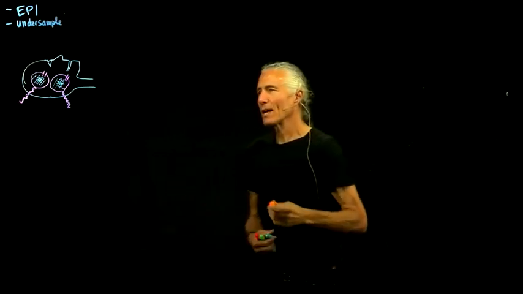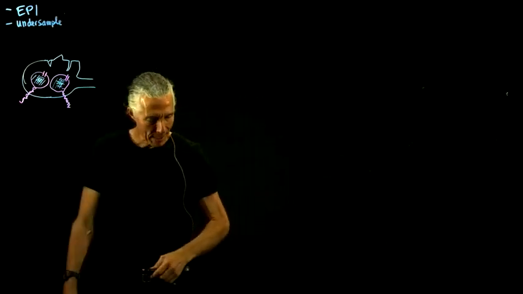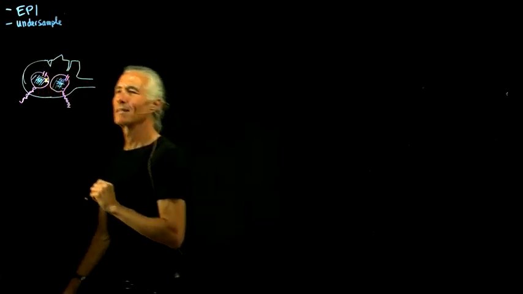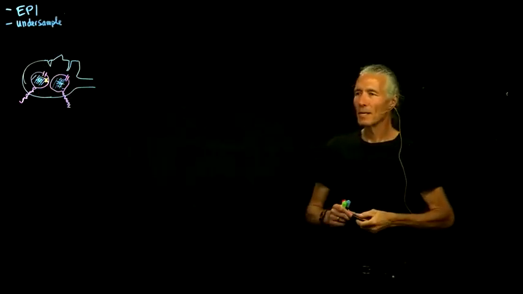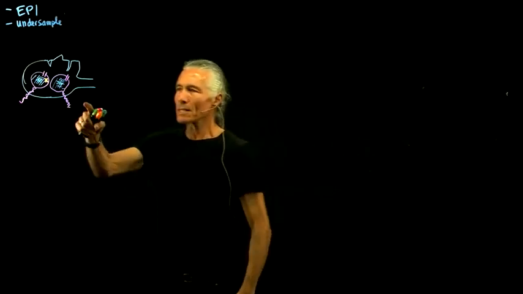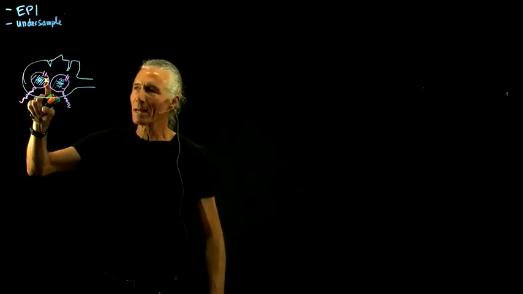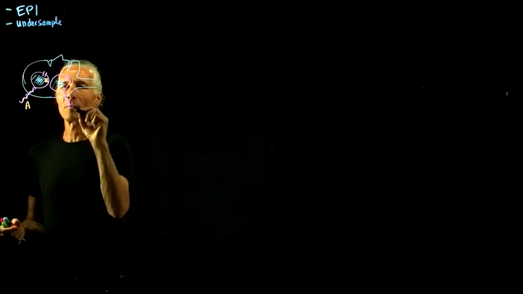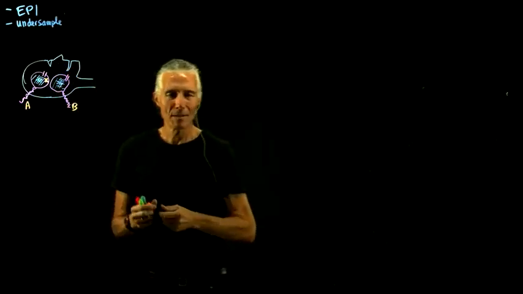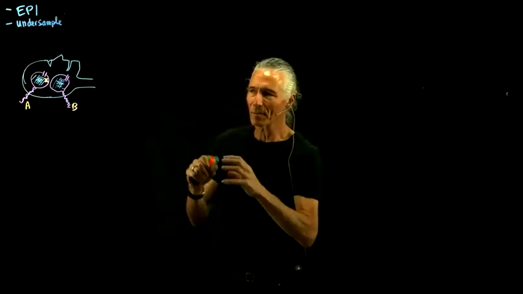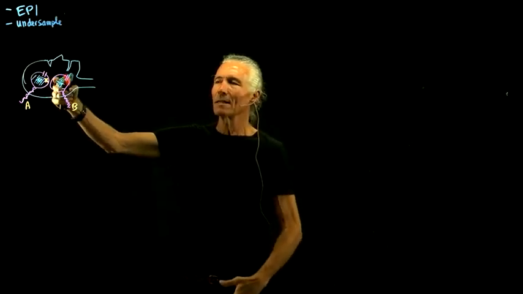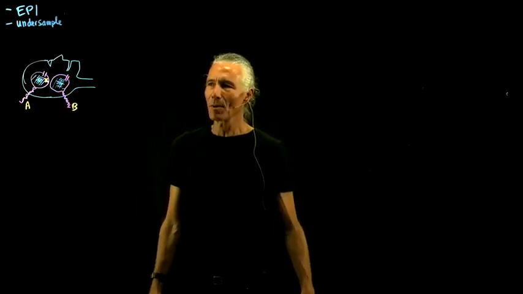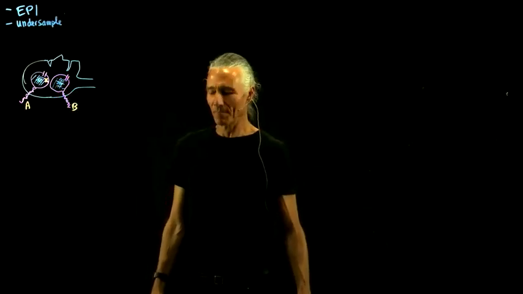Now imagine you've got a point, say like right here, point X. There's some spatial information here, so point X is going to be stronger in coil A than it is in coil B. So there's an intuition that there's some spatial information in the distribution of the coils, and you should be able to use that to help you out when you're doing a reconstruction.